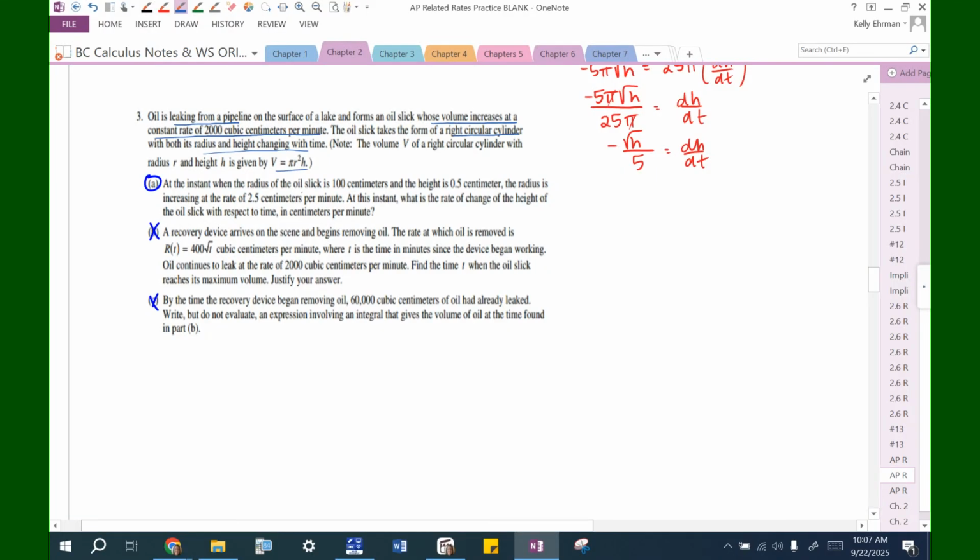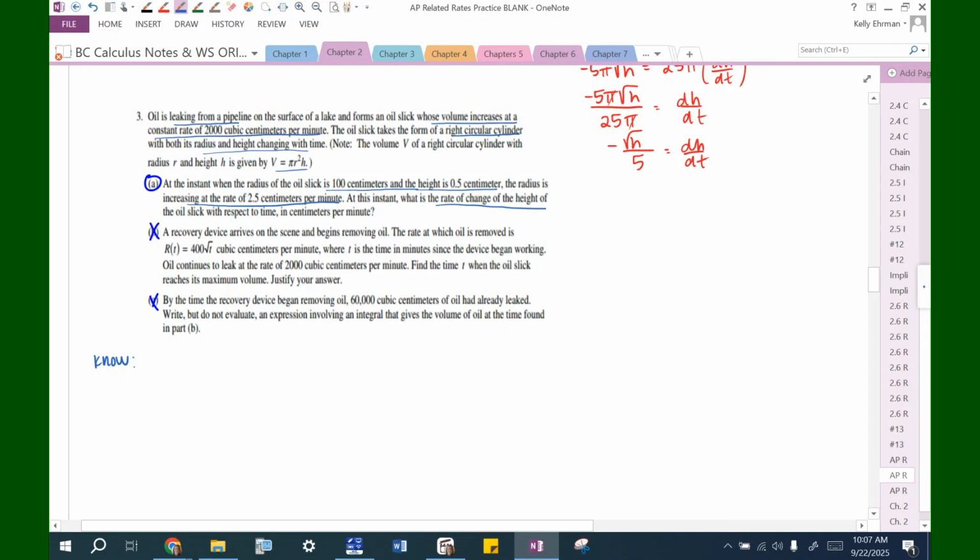At the instant when the radius of the oil slick is 100 centimeters and the height is 0.5 centimeters, the radius is increasing at a rate of 2.5 centimeters per minute. At this instant, what is the rate of change of the height of the oil slick with respect to time in centimeters per minute? There's a ton of information for this. Again, we can only do part A so far. We can do B and C later.